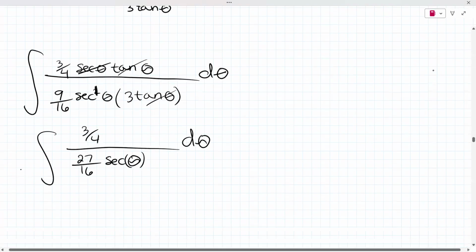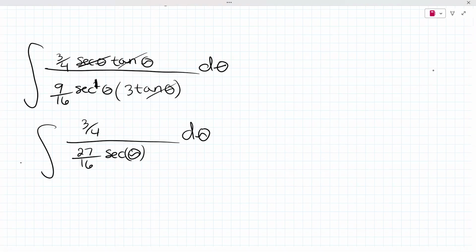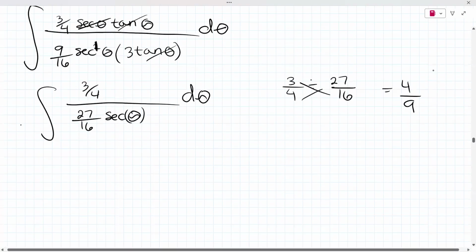Okay, over here we kind of have a complex fraction, 3/4 over 27/16. That's the same thing as 3/4 divided by 27/16. And if you cross multiply, you're going to get 4/9. So this right here can be simplified as 4/9.